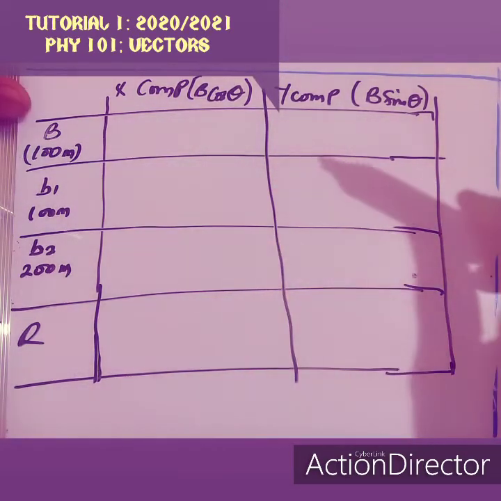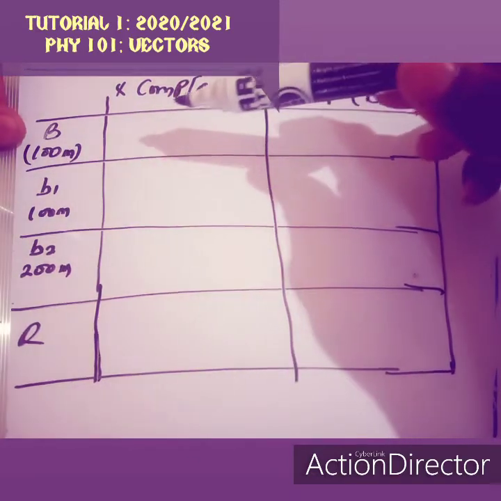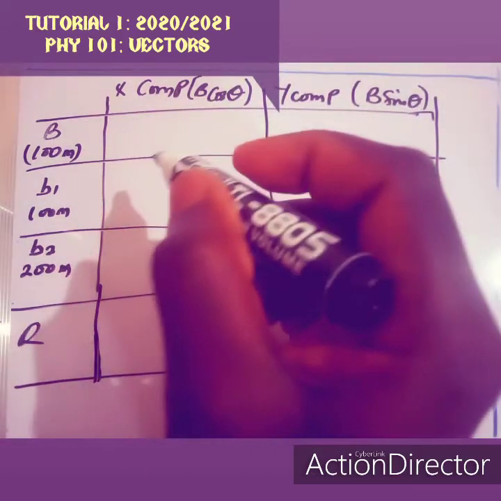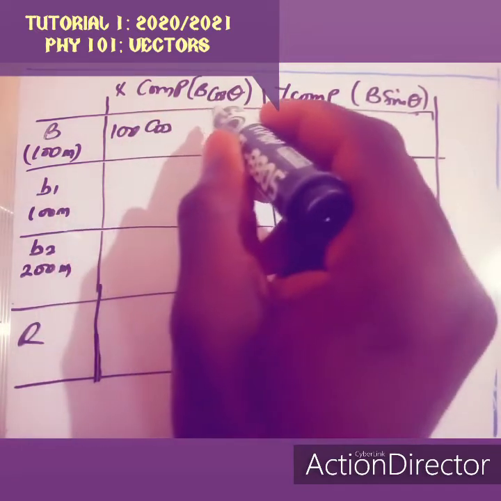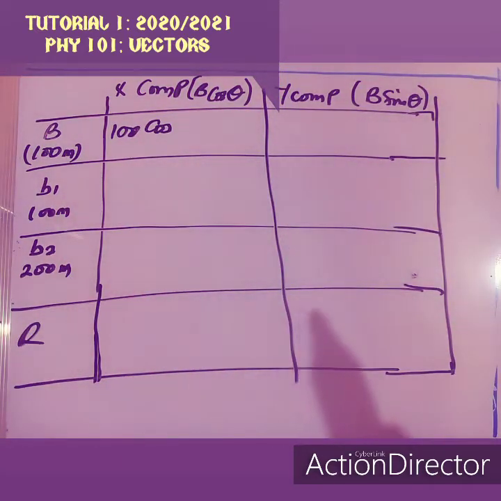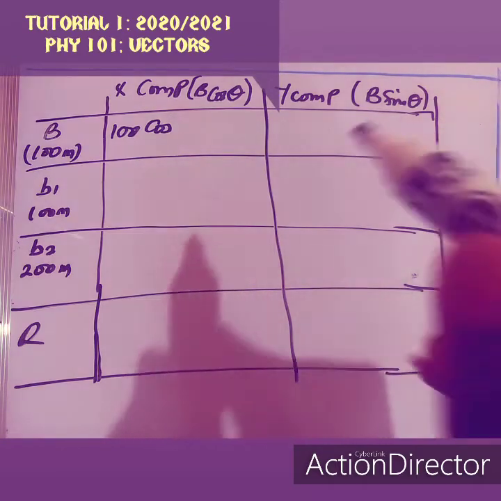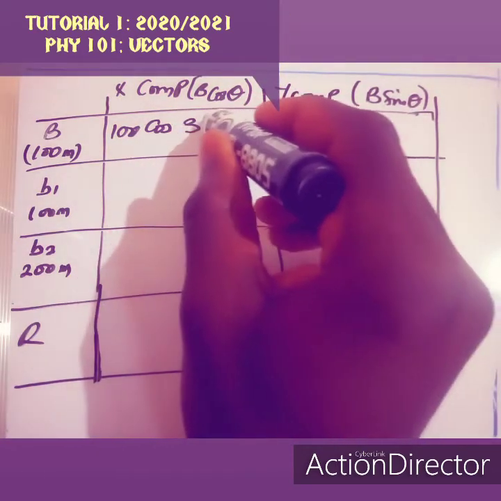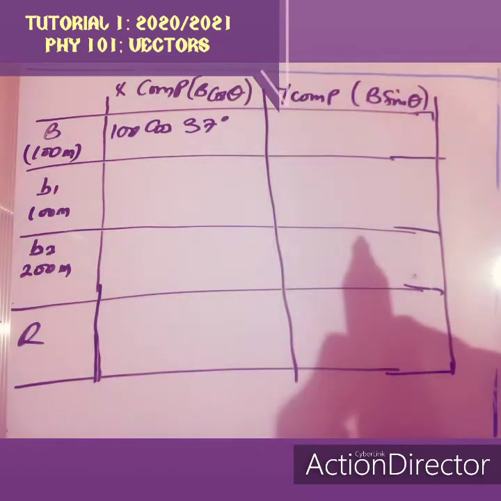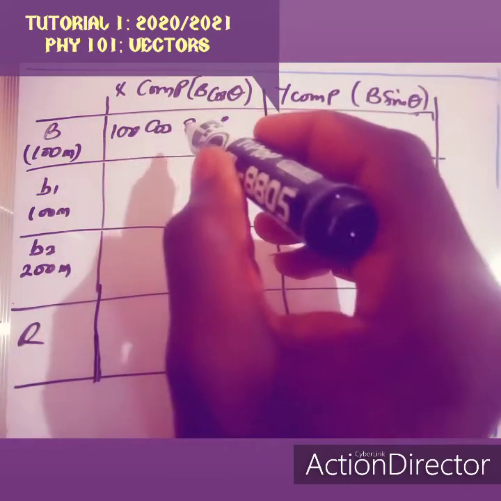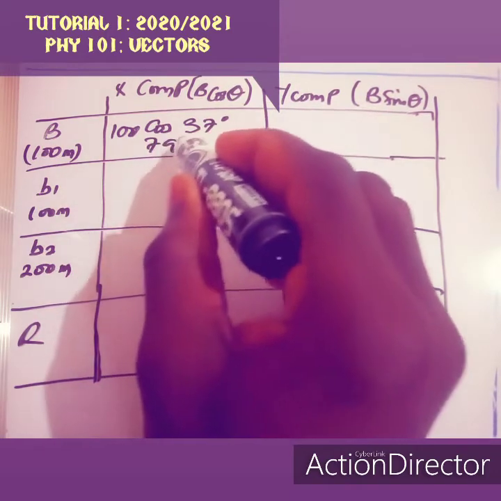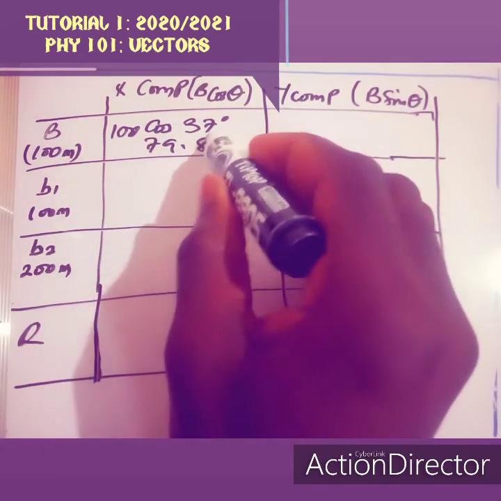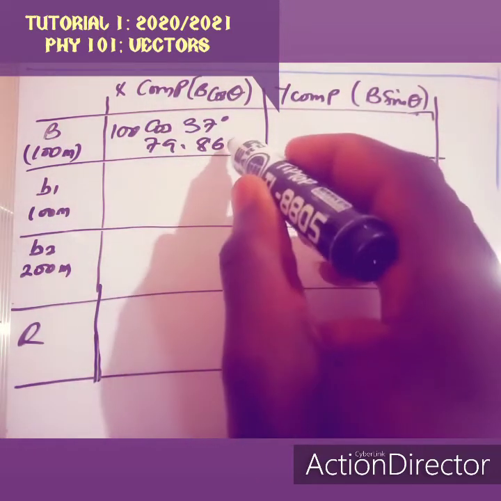Now we go to the filling in of our table. To start with B, we have 100, so it's 100 cos theta. What angle is our B at? That is 37 degrees. If you punch it on the calculator, you get 79.86 meters.